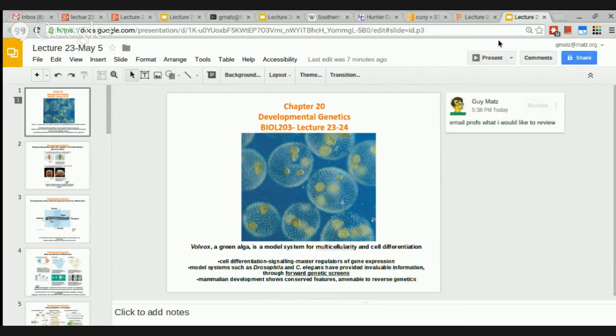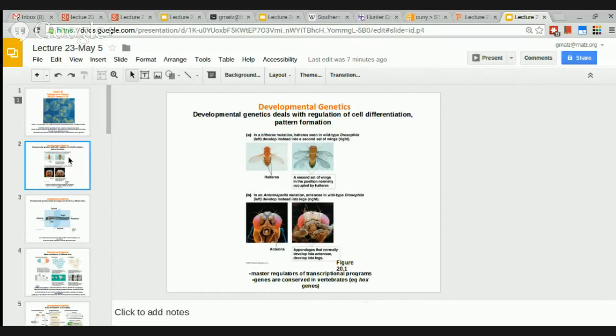So in general, what you deal with here is, like I said before, cell differentiation, pattern formation. And so this, just to give you an example, to show you what's causing these mutations and these phenotypes. But see, when you have two pairs of wings here in the fly, this is actually a double mutant fly, bithorax, postbithorax.